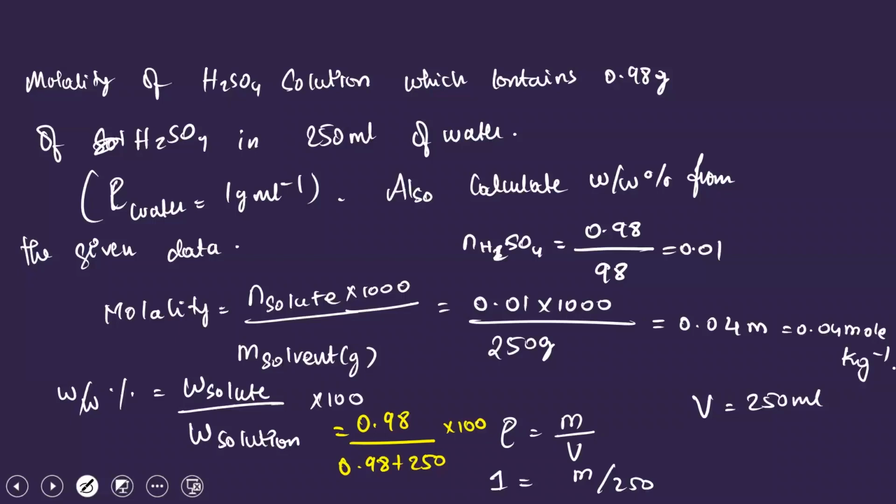Approximate 250, 100 by 250 போட்டா, what is the answer that you got? 0.4. 25 fours are 100, so which is 0.4, correct?